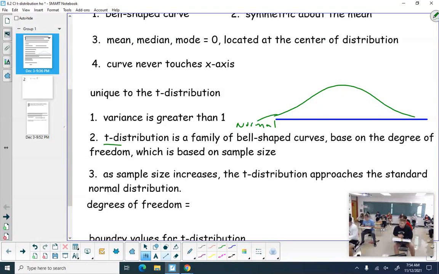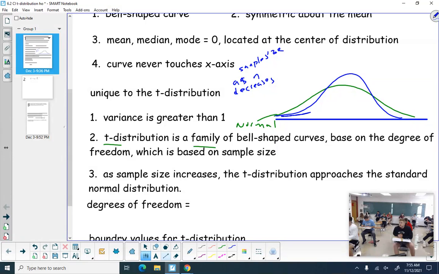The t-distribution is a family of curves. It's going to look the same. But what happens as n decreases? As your sample size decreases, the hump on Sally the camel starts to rise.